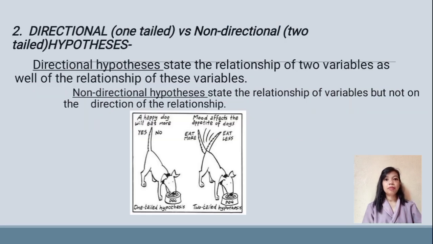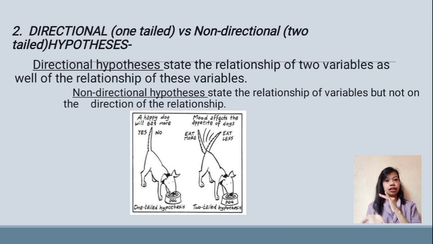The second type is the directional or one-tailed versus non-directional or two-tailed hypothesis. So the directional hypothesis states the relationship of the two variables as well as the direction of the relationship. So as you can notice, there are examples. A happy dog will eat more. So basically, there is only one answer to that because it states that a happy dog will eat more.